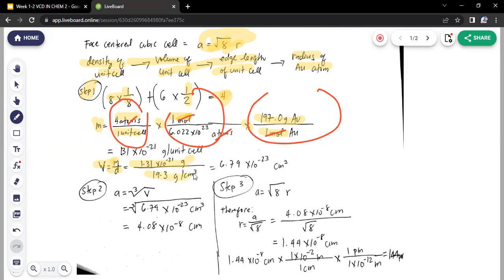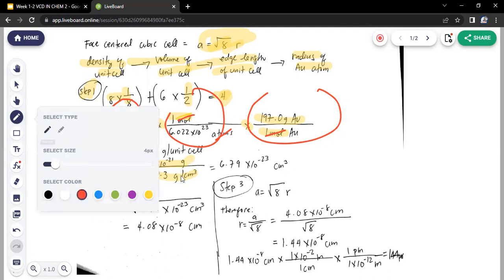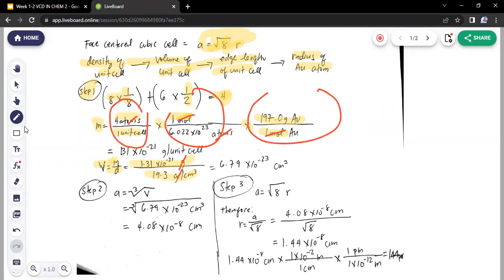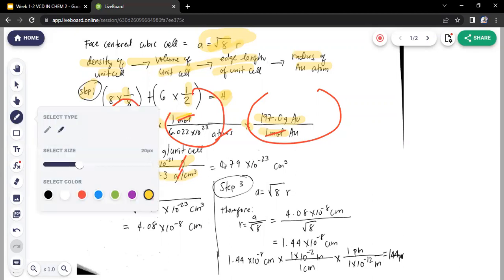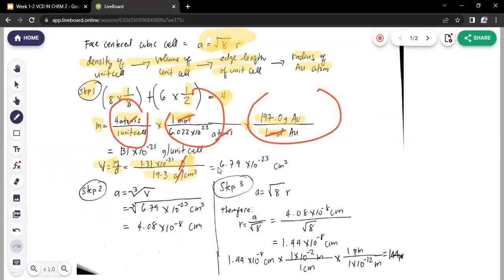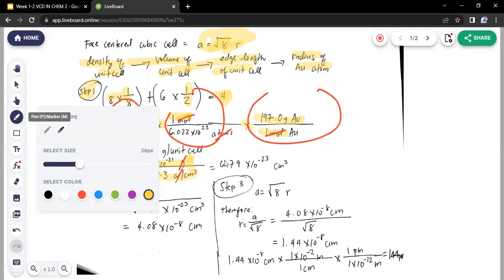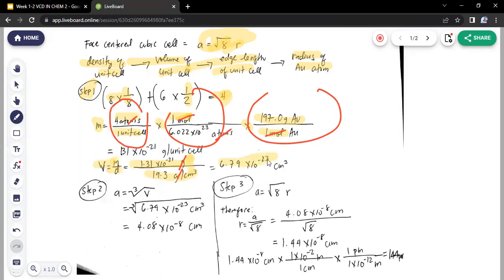Then the density was given in the problem, which is 19.3 grams per cubic meter. Cancel the gram unit, and you will be left with the cubic meter unit. Then divide, and you will have 6.79 times 10 raised to negative 23 cubic meter.